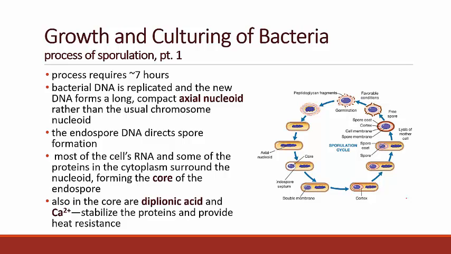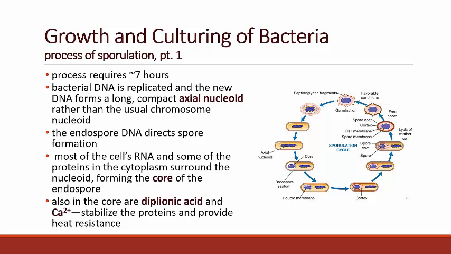So we produce this secondary bit of DNA called the axial nucleoid, and then from there on, that DNA is what directs the processes of spore formation.